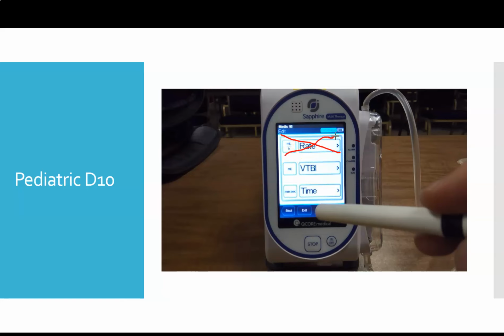Do we know our total volume to be infused? Now, keep in mind that when we were doing our drips before, for our total volume to be infused we gave the size of the bag because the pump was doing that math for us, and we entered in a rate. This time, we don't know the rate, but we do know how much we want to infuse.